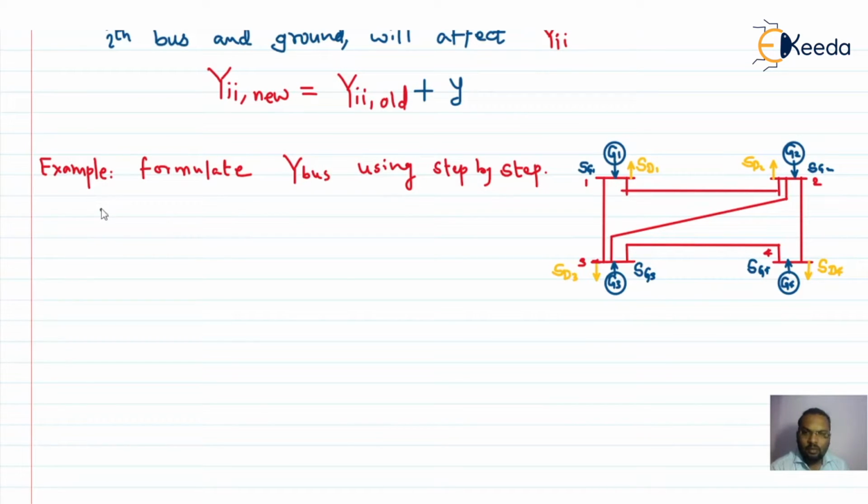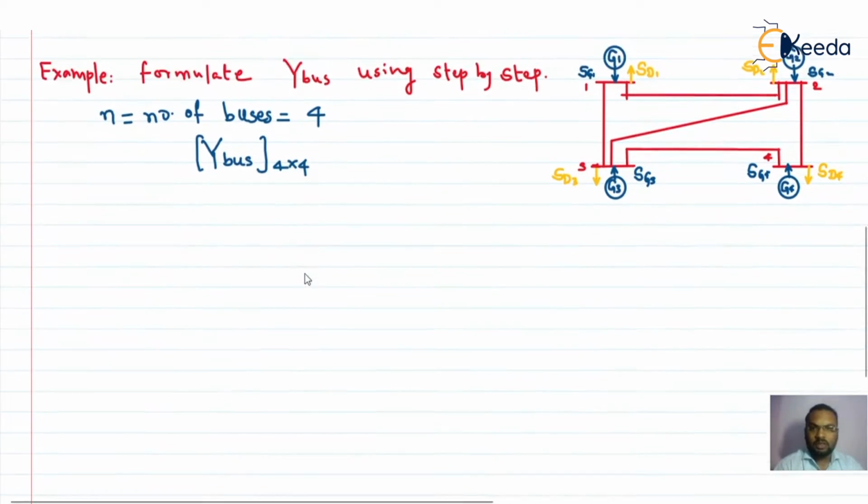Here n, that is the number of buses, is 4. So of course the Y bus matrix will have an order of 4 by 4.